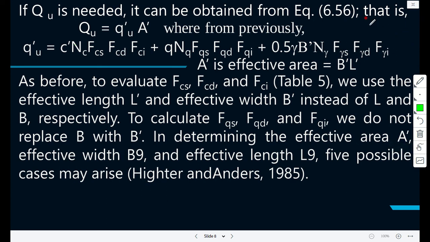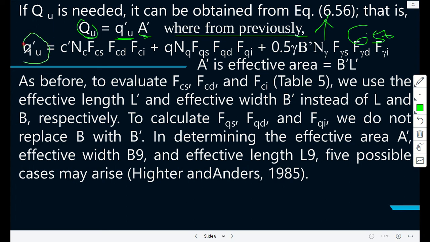Here Q is the ultimate bearing capacity times the effective area, so the ultimate load is the ultimate bearing capacity times the effective area, and we already talked about this previously.